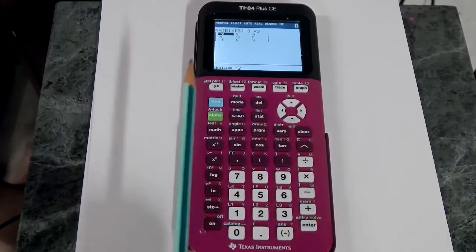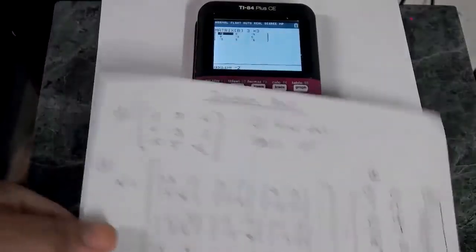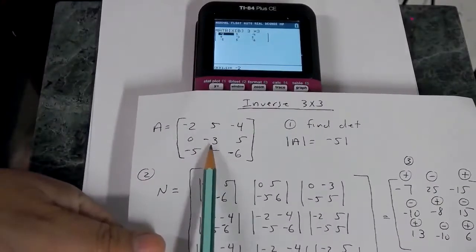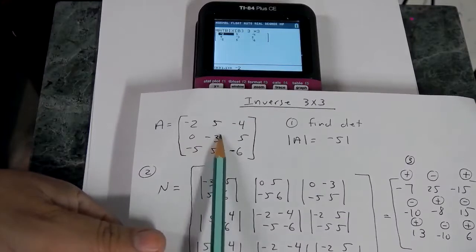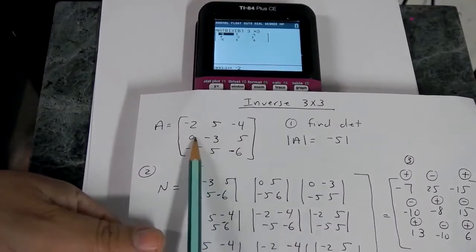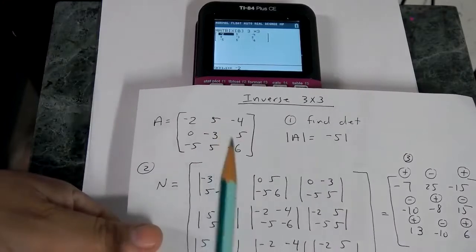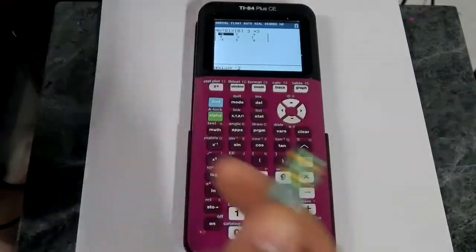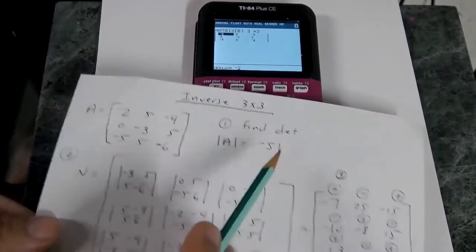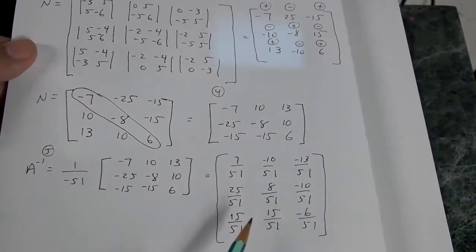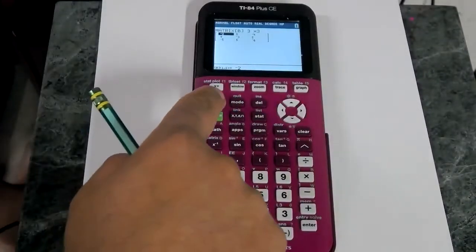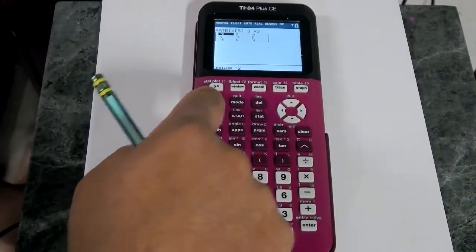Again, make sure that your matrix is the same as what we have here. -2, 5, -4, 0, -3, 5, -5, 5, -6. Okay, I said, all right. And like I said, the determinant was -51, and here was the inverse. So let me get out. That's the step that you have to understand. You have to get out.